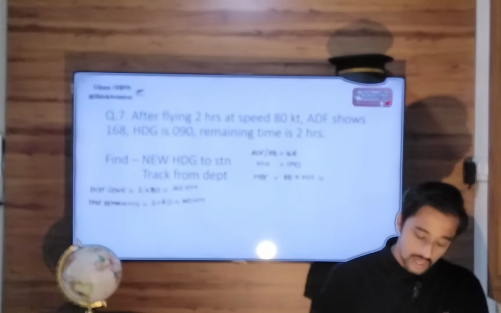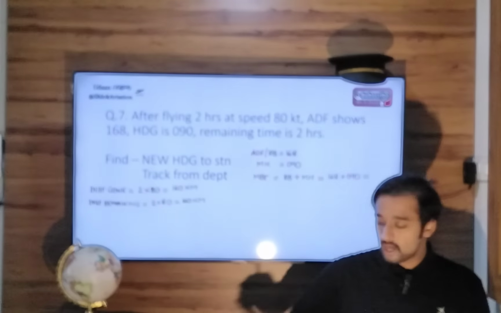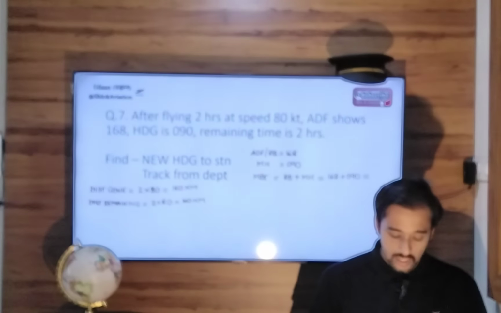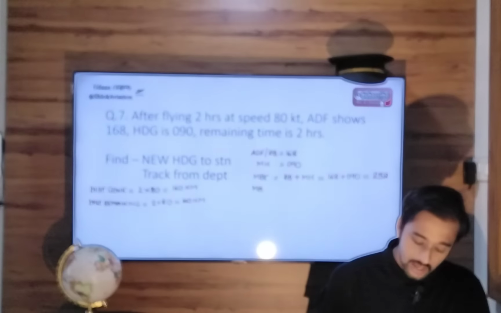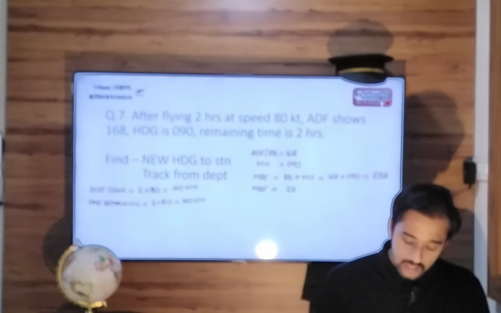Substituting the values, relative bearing is 168, heading is 090. So the total answer will be 168 plus 90, 258. Magnetic bearing to the station is 258. So magnetic bearing from the station will be 258 reciprocal, which will be 078 degrees.